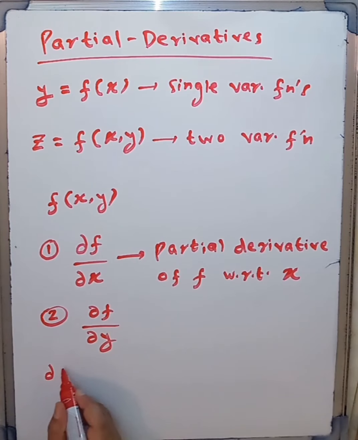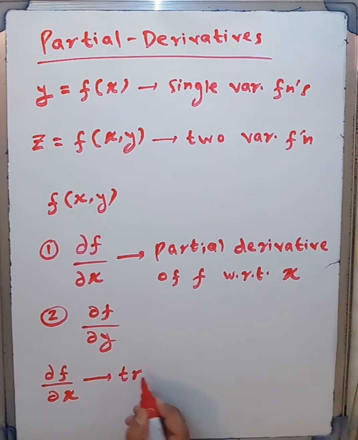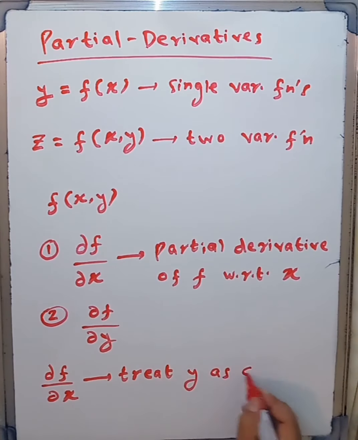When we are finding dou f by dou x, we will differentiate f normally with respect to x, and we will treat y as a constant. Same way, when we are finding dou f by dou y, we will differentiate f normally with respect to y, treating x as a constant.